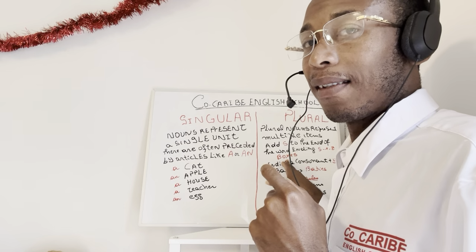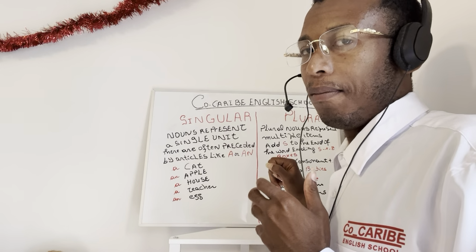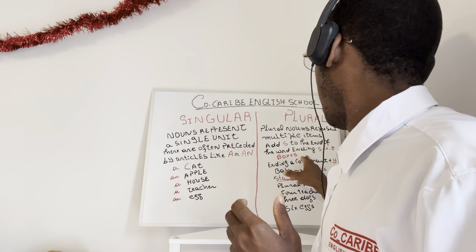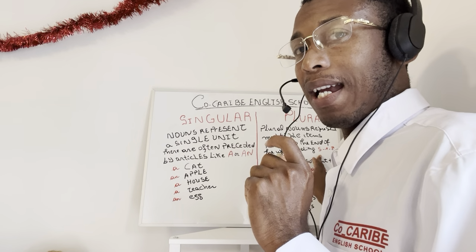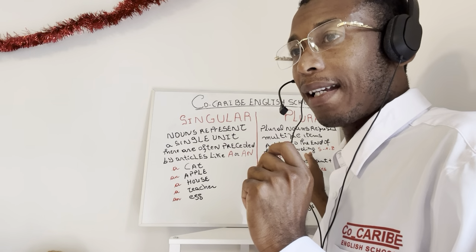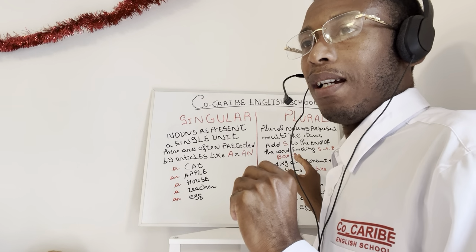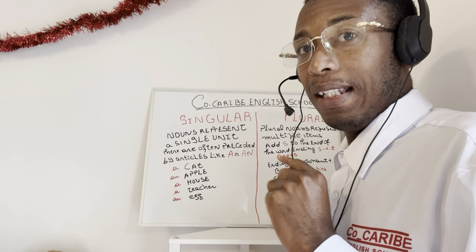Box. The English rule says when the word ends in s, x, z, the word is going to take es.